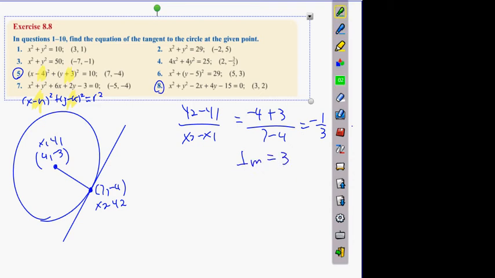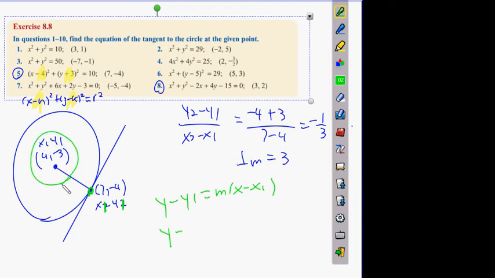Then all you have to do to get the equation of the tangent is it's a line, and then you put it in and you get y minus y1. Now it has to be this point here. Can anybody tell me why that now has to be x1 y1? That's the point that's actually on the line, while this one isn't, so you can't use that one anymore.